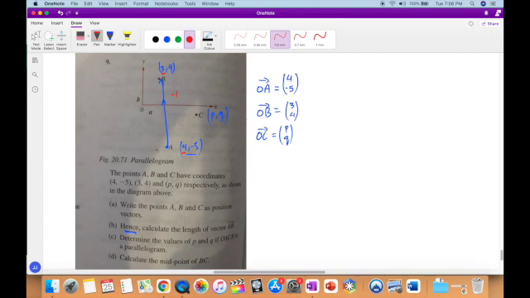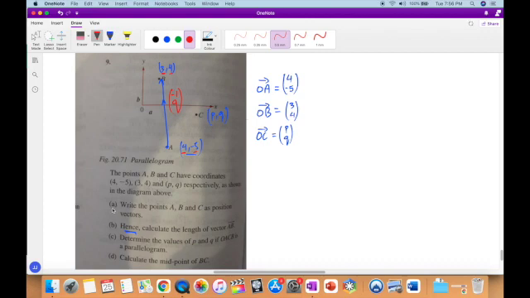Well, I have to go up 5 spaces because this is -5, plus an additional 4 spaces because this is 4. So I'm going up, that's +9, right? So the vector AB is -1 on the horizontal and +9 on the vertical. I did not have to use position vectors to work it out. I could have used common sense.